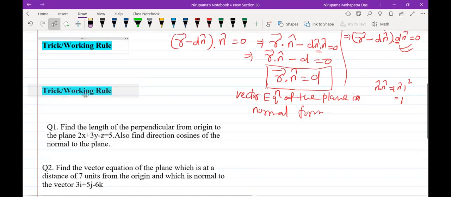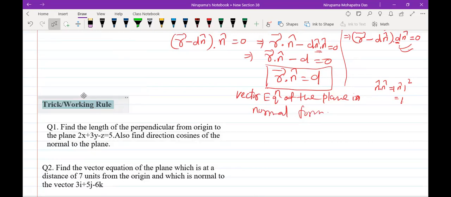Unit normal vector. So whenever you have the format with n cap, only then it will be D. The r vector is the same for every question, xi plus yj plus zk, the position vector of the variable point x, y, z. But with n cap and D, this will be the perpendicular distance, the distance of the plane from the origin. In 99% of cases, the question will be given like this: r dot n vector equals something, say k.